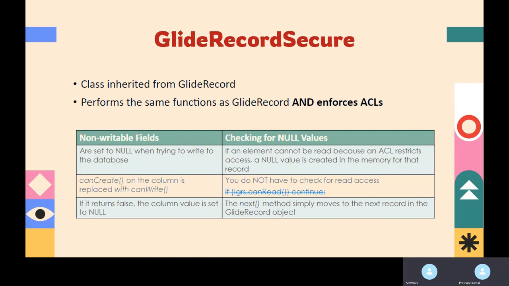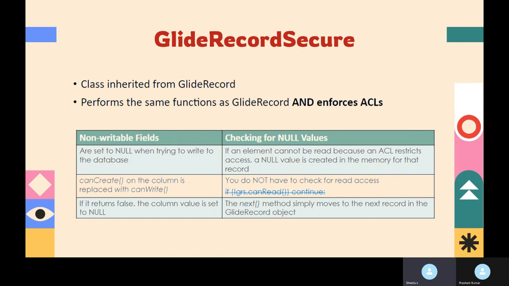So what is GlideRecordSecure? GlideRecordSecure is just like GlideRecord, but the difference is that it will function as a GlideRecord, and this extra thing happens: it enforces ACLs to be executed with this GlideRecord. That's why it is called GlideRecordSecure. It will execute and check ACLs for that particular table. That's the difference.